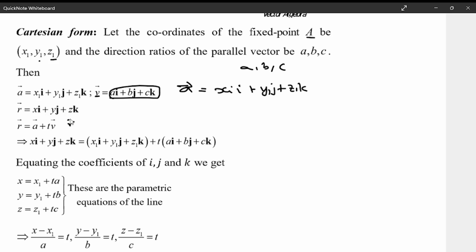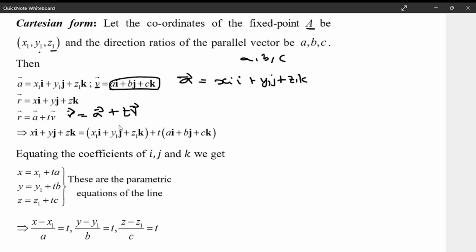Since we are saying that the vector equation r is equal to a plus tv, when we make the substitution, we have xi plus yj plus zk equal to a.